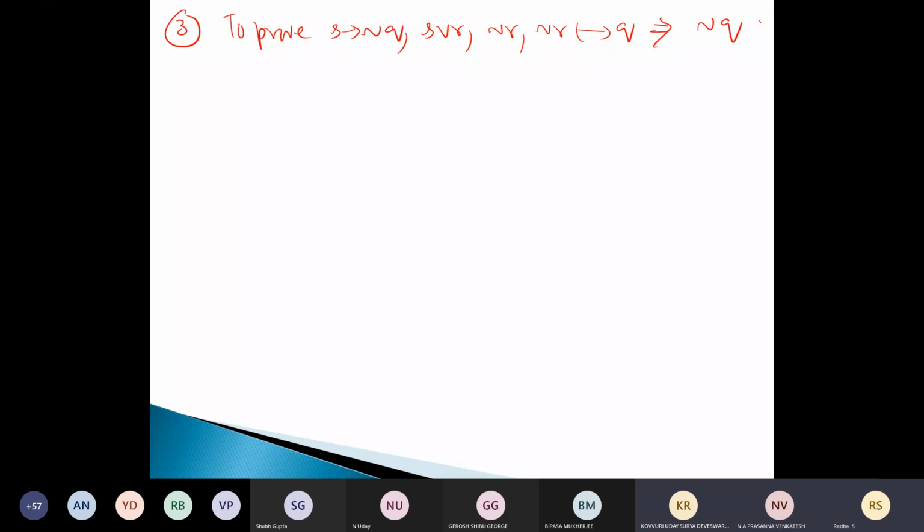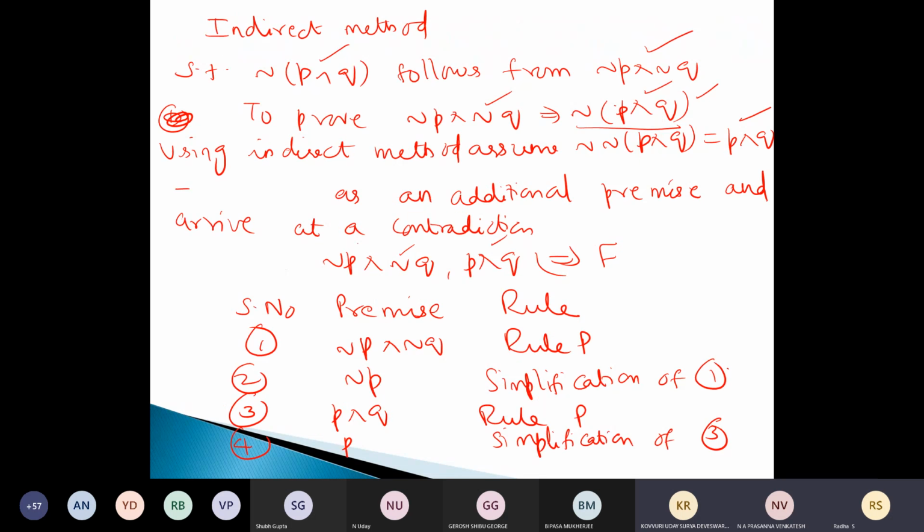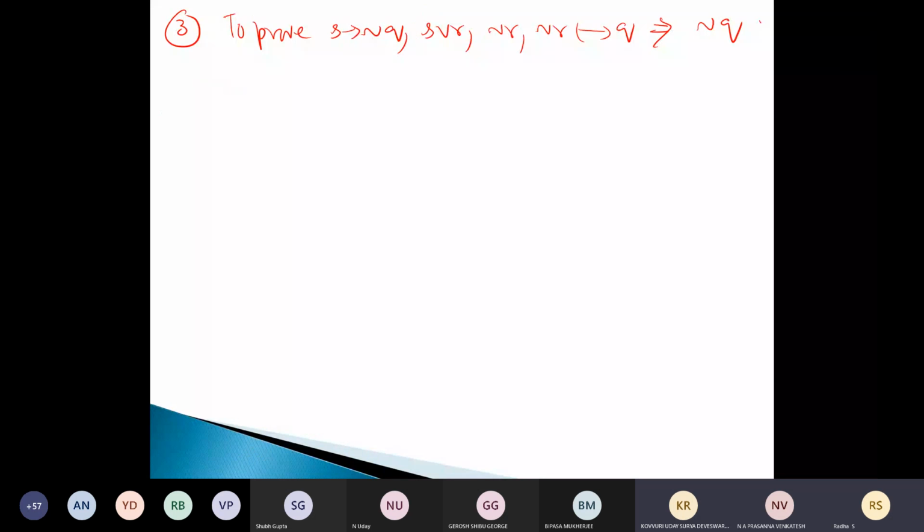Anything missing? S implies not Q. S or R, not R, biconditional Q.